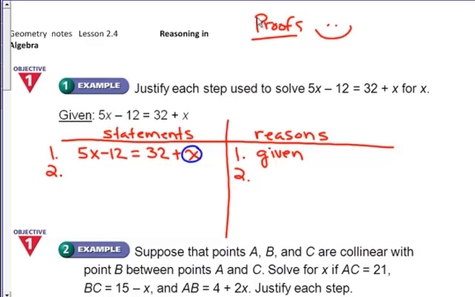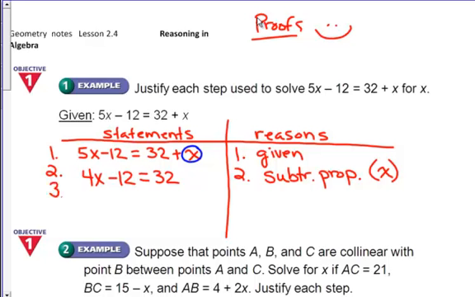So if I subtract x from both sides, 5x take away 1x leaves me with 4x. I didn't do anything with this. I haven't done anything with the 32, and I got rid of this x. So what did I do? I used the subtraction property of equality, and I subtracted x from both sides.